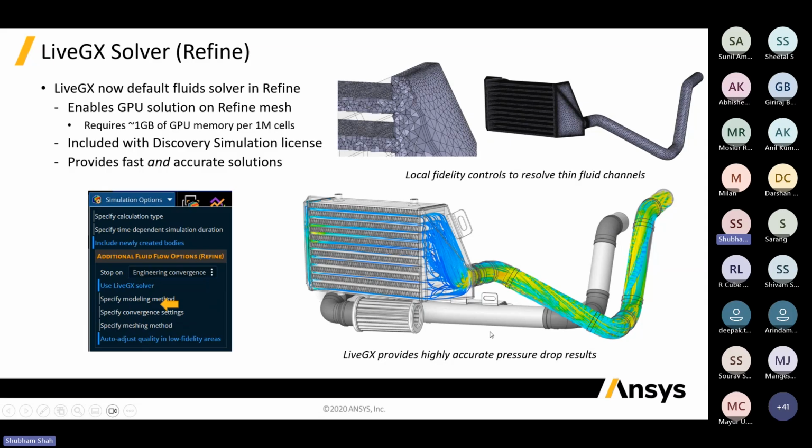When it comes to the Live GX solver in the refined mode, you have more control on the meshing side in CFD. For CFD simulations you can also do the polyhedra meshing in Discovery. That is a new capability. It requires 1 GB of CPU memory for 1 million cells of mesh count.